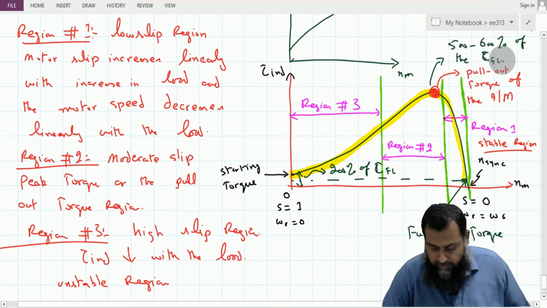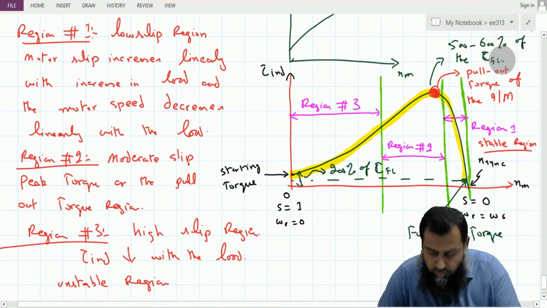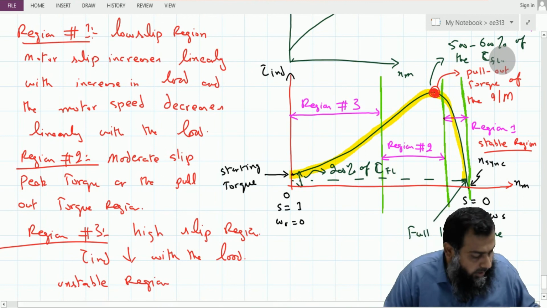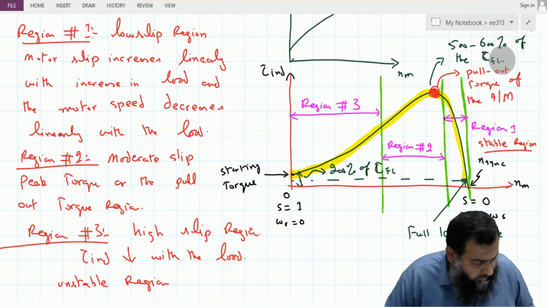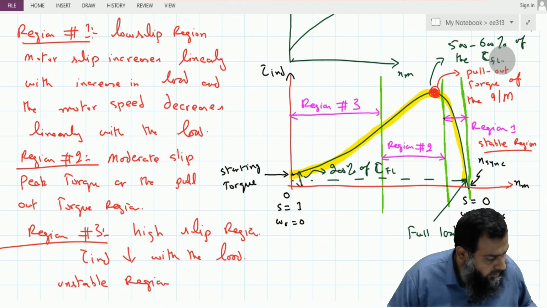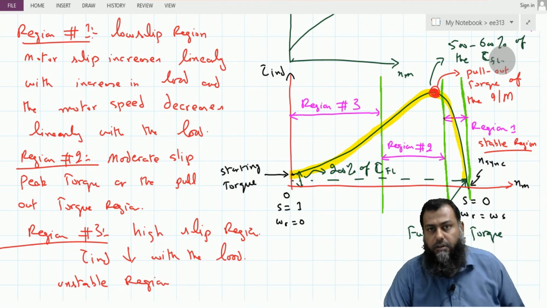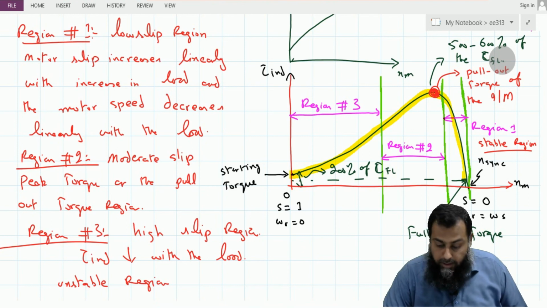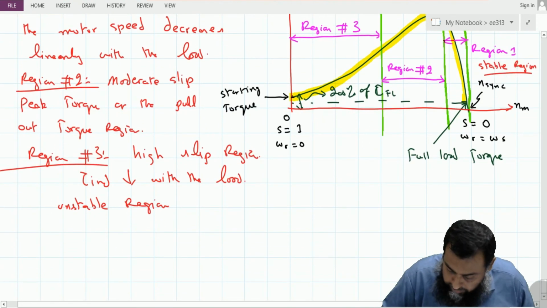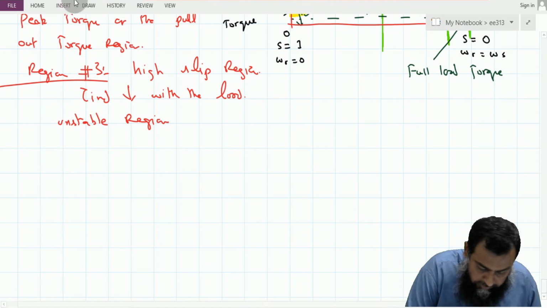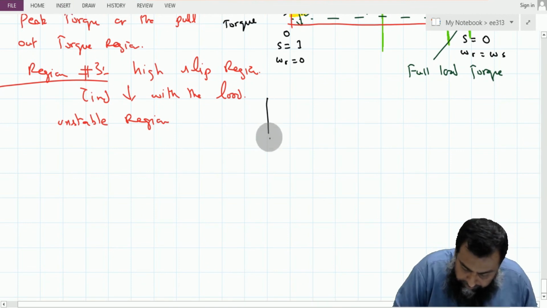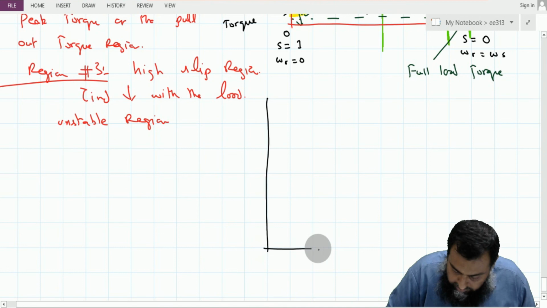So pardon my diagram here, but you get the concept, right? That we have the pull out torque, which is something around 500 to 600% of the full load torque. Now let me redraw this diagram again, this torque speed characteristic, to understand the stable operation of a given machine.